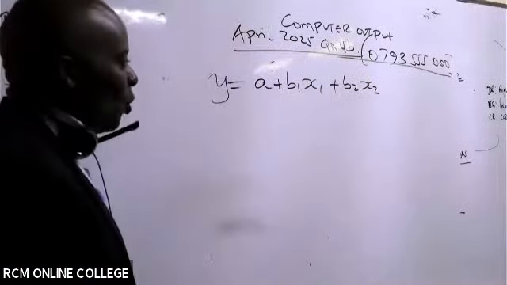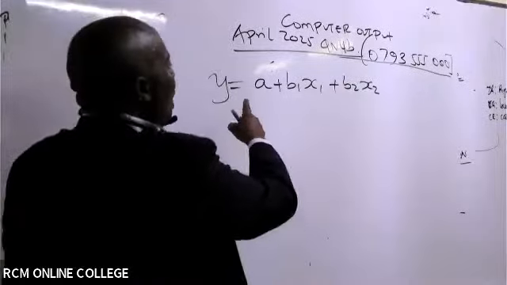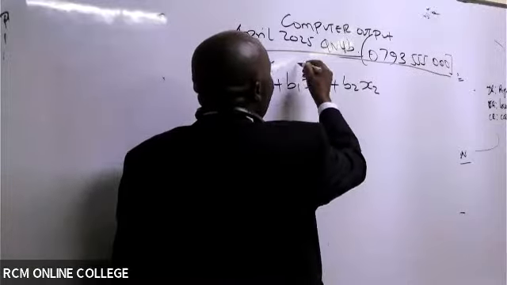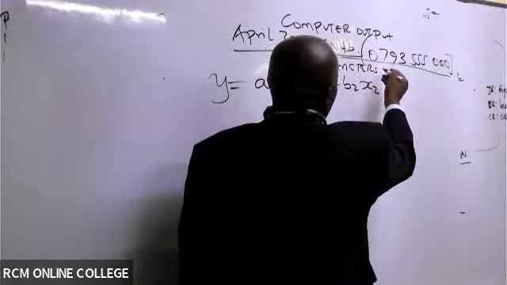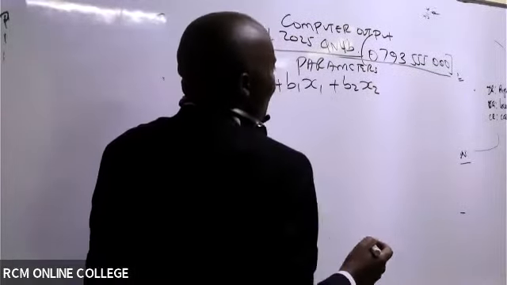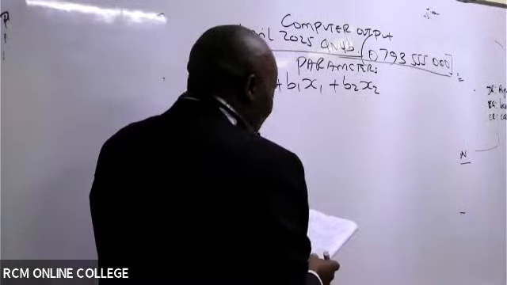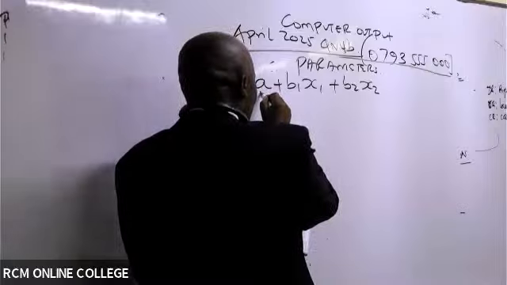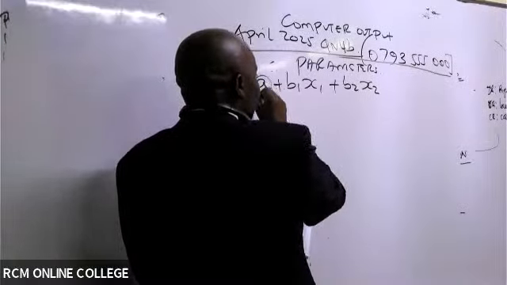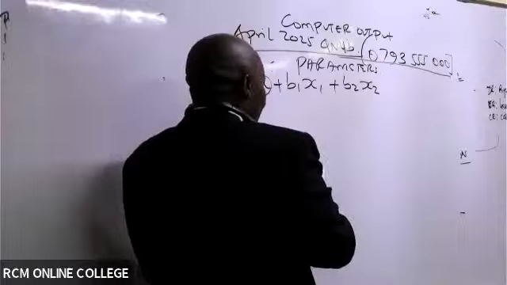Now, remember, we call these ones parameters. In these parameters, remember automatically, this will be the constant coefficient or the intercept. Are you able to see the parameters there?